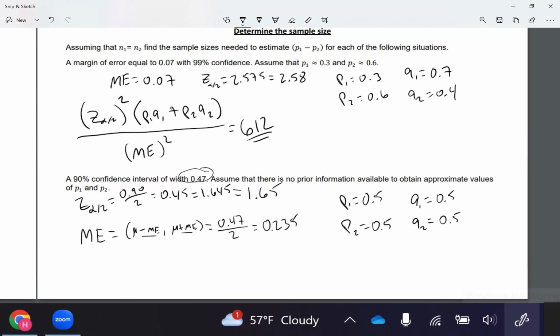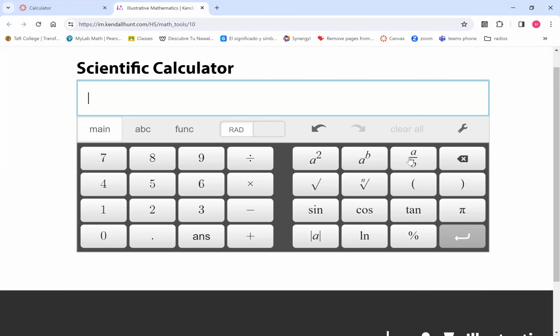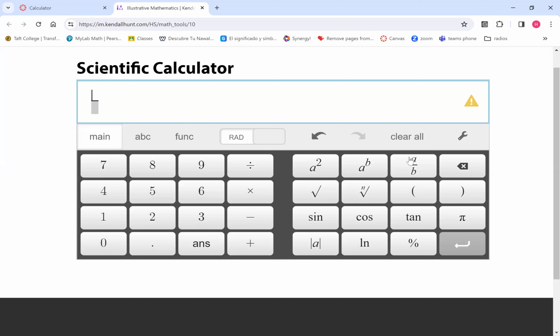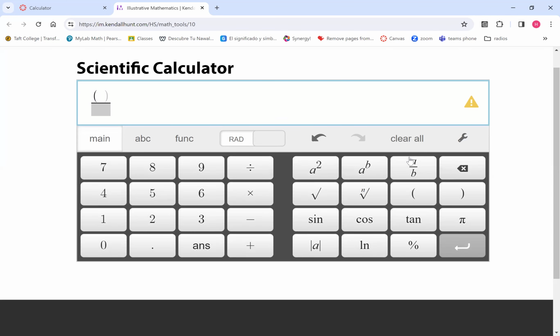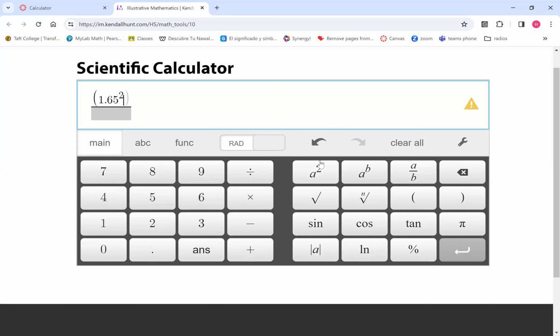I know the formula that I used in my previous question. So let me go to my calculator. I have a fraction: 1.65 squared, close my parentheses, and then I have P1 times Q1 plus P2 times Q2, close my parentheses.